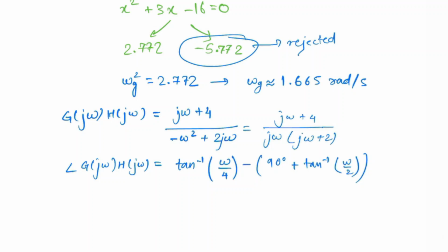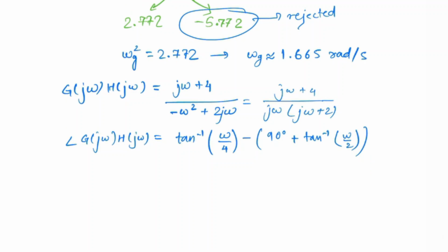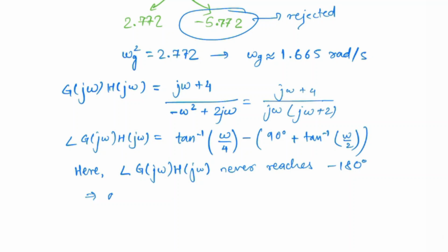Here the angle of g of j omega h of j omega never reaches minus 180 degrees. So no crossover.